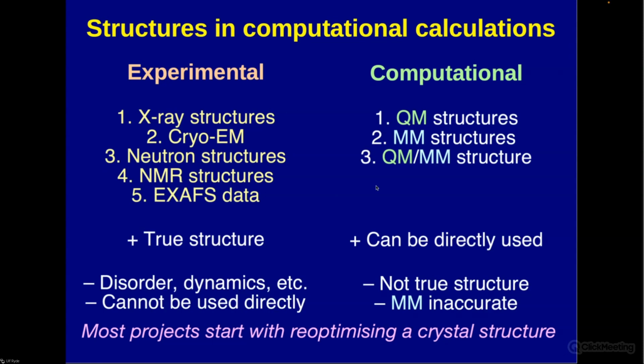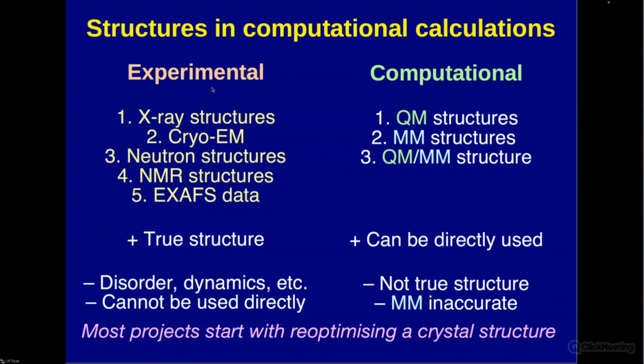So our group is doing computational chemistry of preferably protein structures, and then we always need to start from a structure. And of course, we can decide if we want to use computational structures, which can be used directly for calculating, for example, energies, although they are not experimental structures and it might be a bit inaccurate.